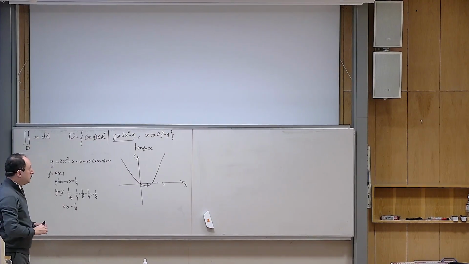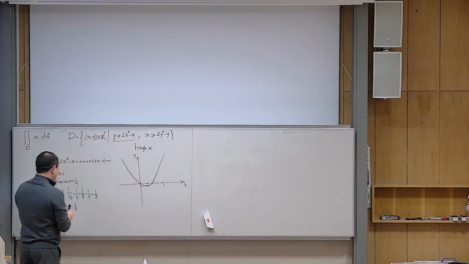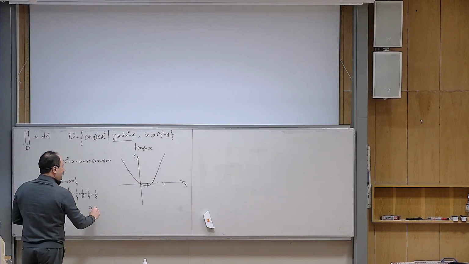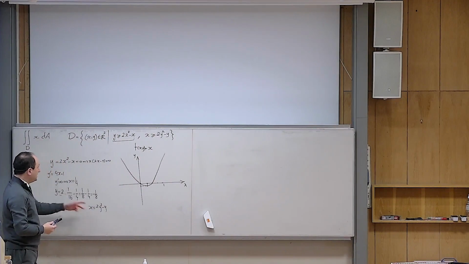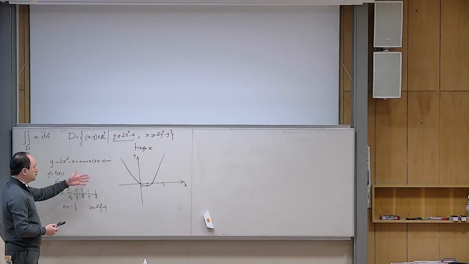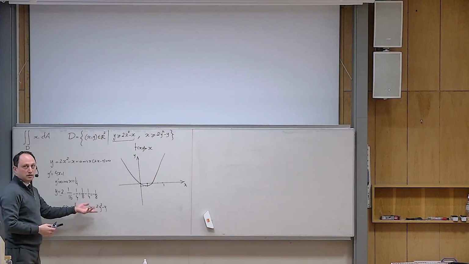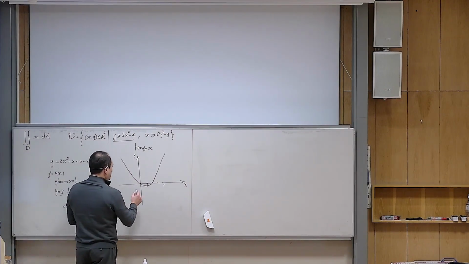Okay? Now, I want to draw that one. Of course, you know that x equals to that one is no longer a function. It's again a parabola. But you see immediately the roles of x and y are interchanged here. So either I have to redraw the parabola, or I can interchange the roles of x and y. So this means that I will have this scenario.